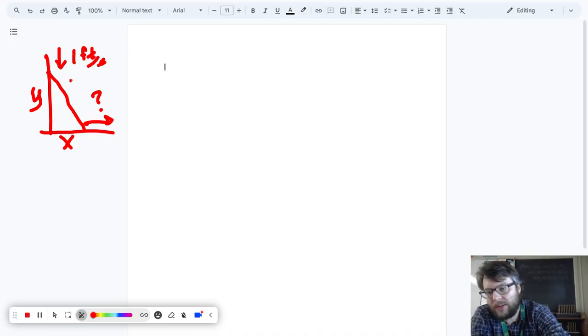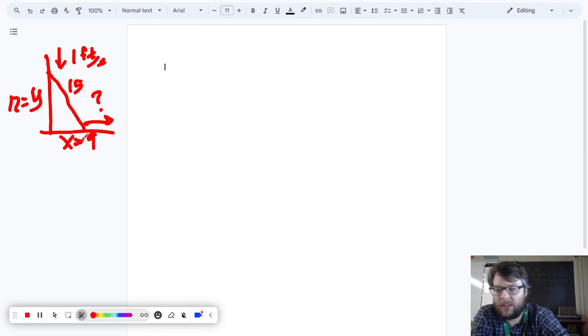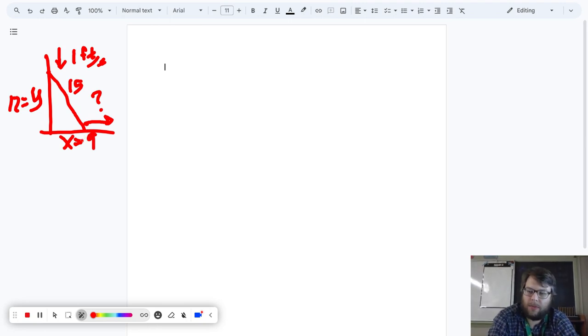So if we have, say, a 15-foot ladder, and at some moment it is 12 feet above the ground, and if you do 9, 12, and 15, you get a full right triangle, so it's possible for it to be 9 feet from the wall, 12 feet high up the wall, with a 15-foot ladder. And we're just going to assume it's moving 1 foot per second down.